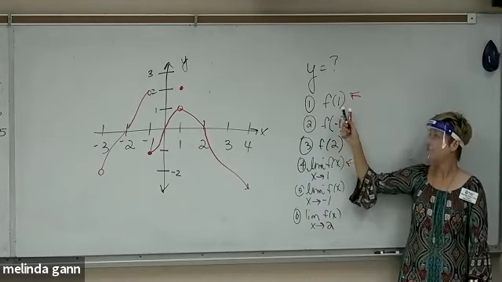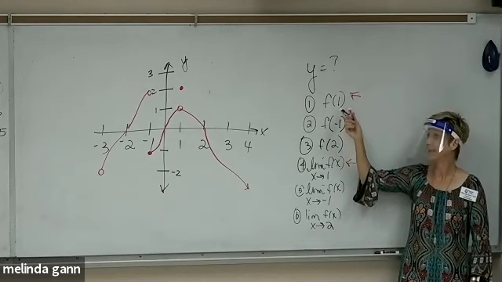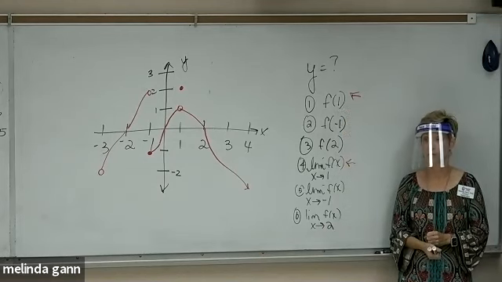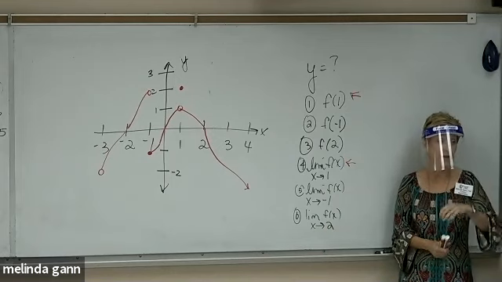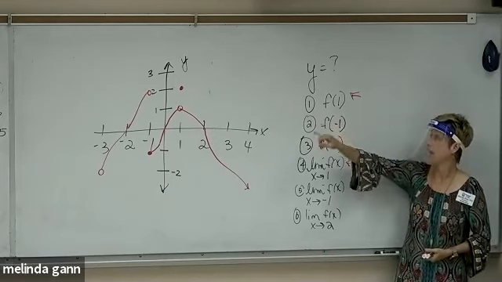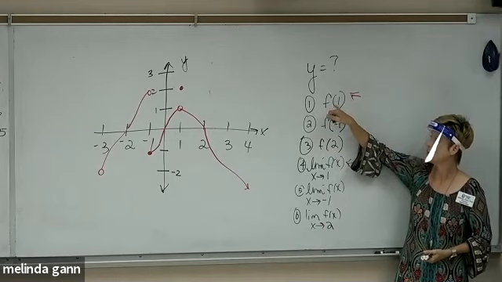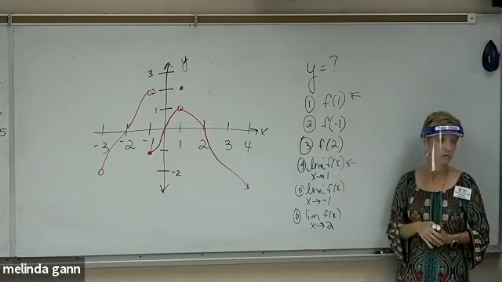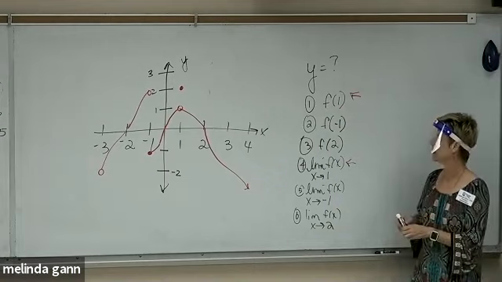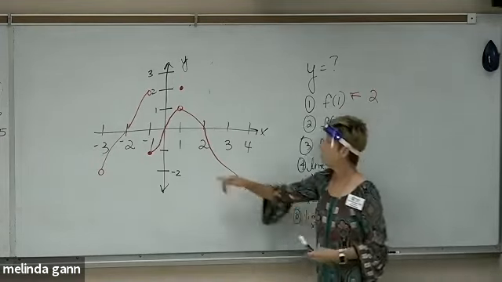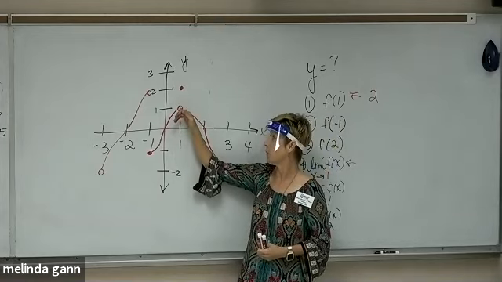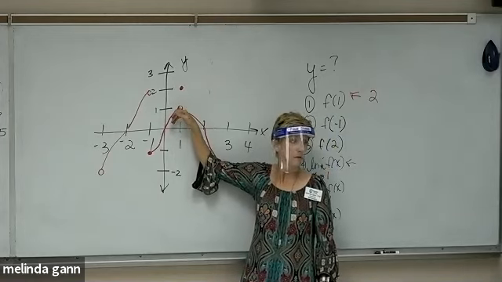When I say f at 1, that means x is exactly what number? 1. That's all it is. You're looking at one spot on the graph. So that's saying on that graph, when x is 1, what is the y value? Now, when I'm at 1, what's that open hole mean? It means there's a hole there.